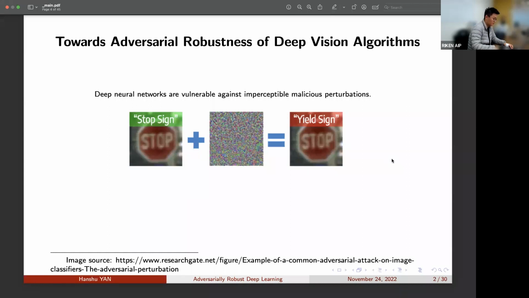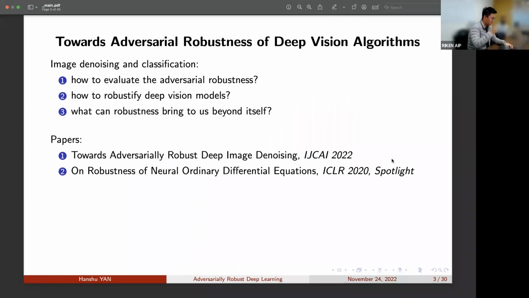In this talk we are interested in how we can evaluate and robustify these algorithms. Here we are interested in image denoising and classification algorithms. Besides evaluation and robustification, we are also interested in what robustness can bring us beyond itself, because robustification of deep networks always costs very high computational costs.